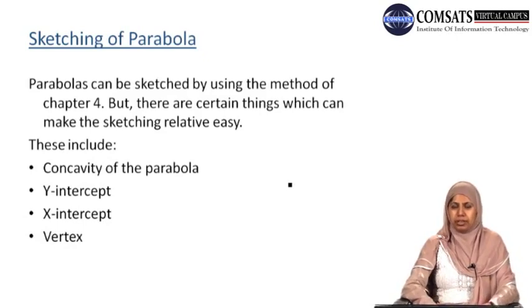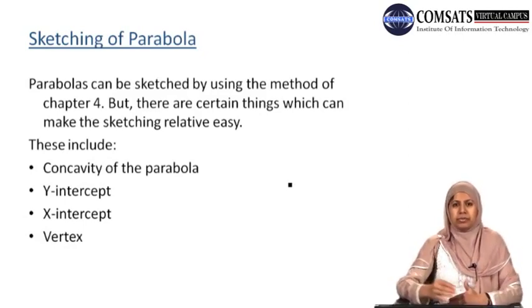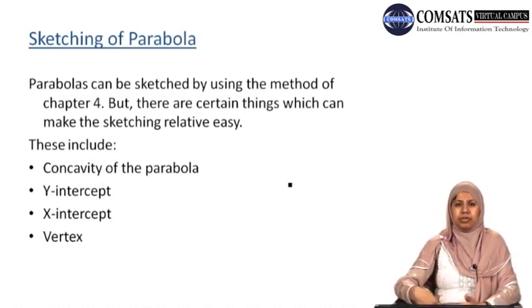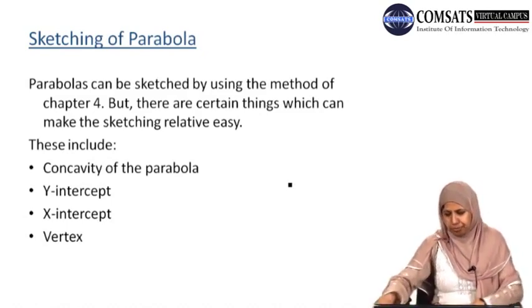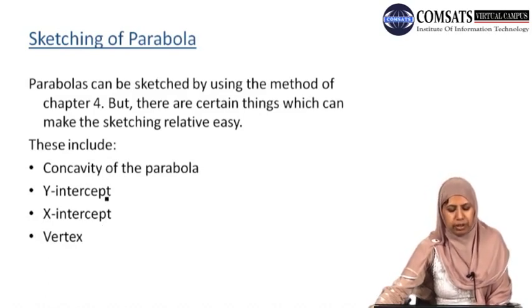Knowing these things, we can sketch our parabola very easily as compared to taking some set of values, putting the values of x and then solving the function for the values of y. So we will see how we can find the concavity, the intercepts and the vertex of the parabola.